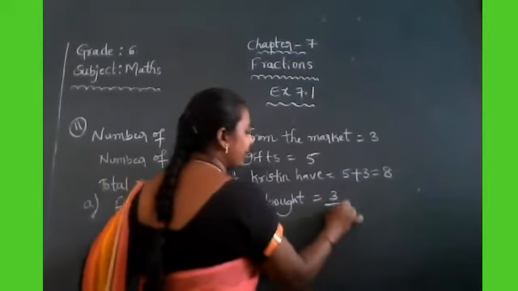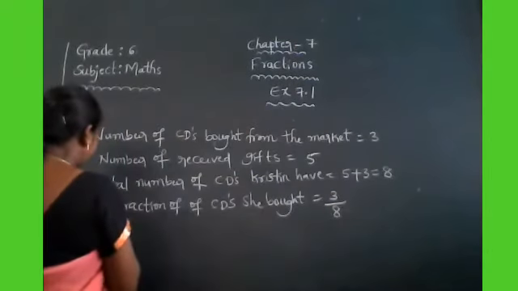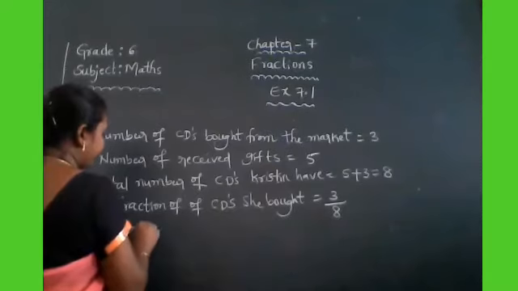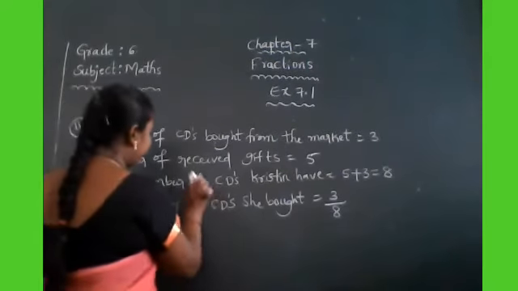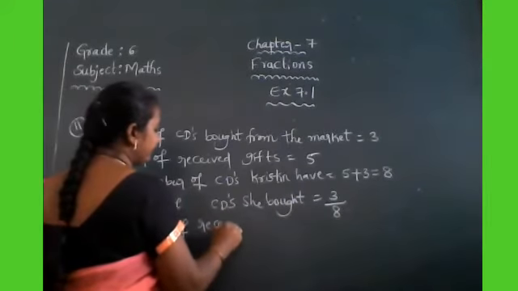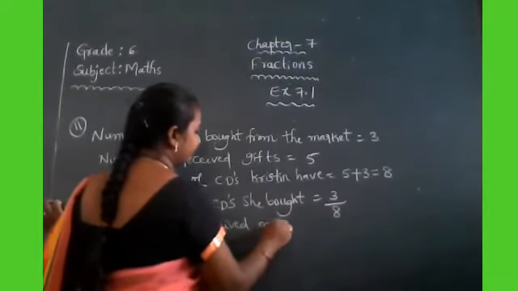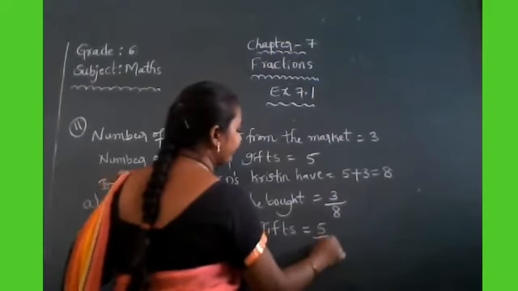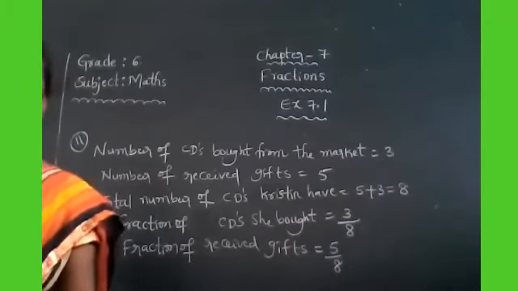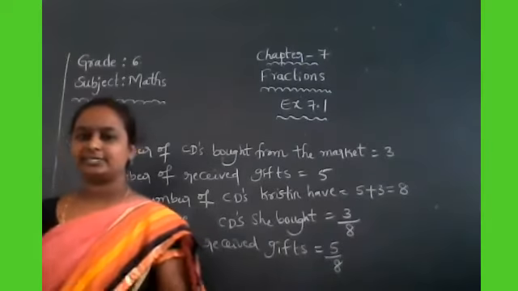So total 8. Very good. 3 by 8. And next, the number of gifts, no? Fraction of received gifts. How many gifts has she received? 5 by 8. Okay children, so up to now we have completed exercise 7.2 problems.